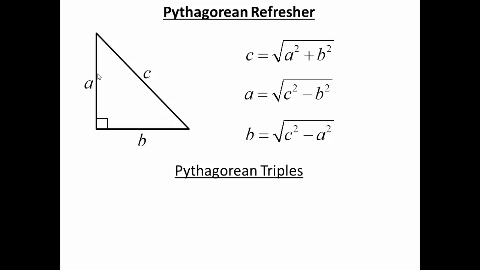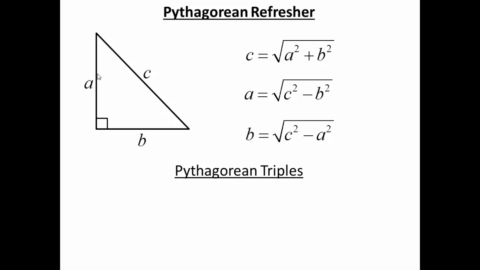But there's only a few that you really need to know, and basically it comes down to the ones that I have memorized, you should have memorized, because if I have them memorized, then they're going on the test. And if they're going on the test, you might as well memorize them. In other words, these are triples that you should not have to grab a calculator for. If I see legs of 5 and 12, the hypotenuse is 13, automatically, because it's a Pythagorean triple.